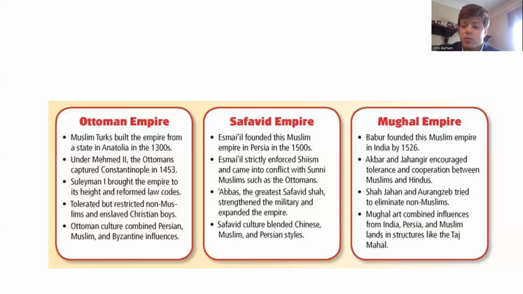Akbar was really more tolerant towards non-Muslims. There were other emperors like Aurangzeb who were less tolerant of non-Muslims. There was also a lot of art during this period. Shah Jahan, for example, built the Taj Mahal. So a lot of cultural contributions during this time period.